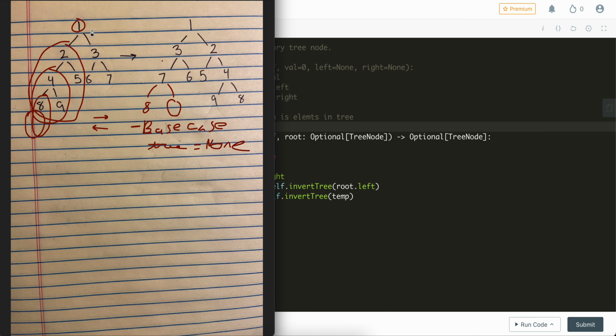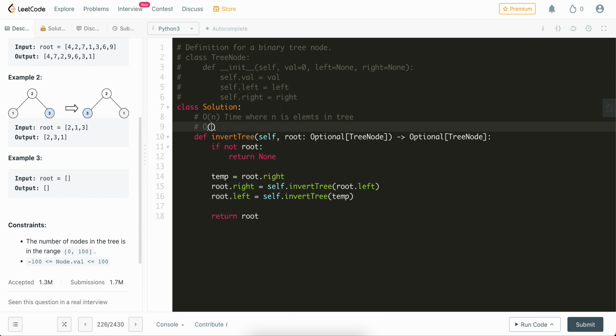Because we have to have this many recursive calls. This would be our first recursive call. Then it would call this one. Then this one. Then this one. Then this one. Okay, so I'm going to leave this as the height of our tree right here. All right, so the height of our tree is h. So space is O of h, where h is the height of our tree.